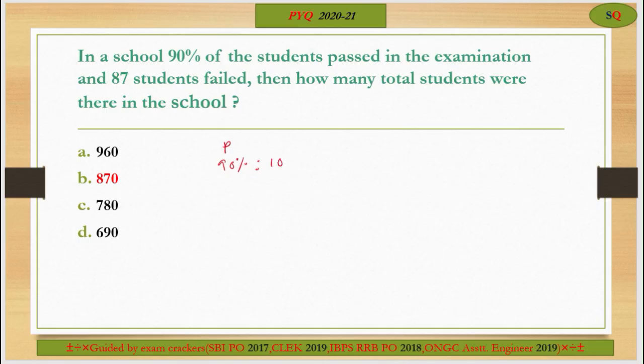Then fail how much? 10%. And total is how much? 100. Now ratio 100%. Ratio cancel. This 1 is equal to what? 87. So total will be how much? 87 times 10 equals 870.